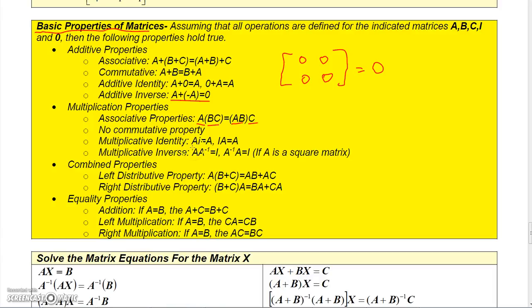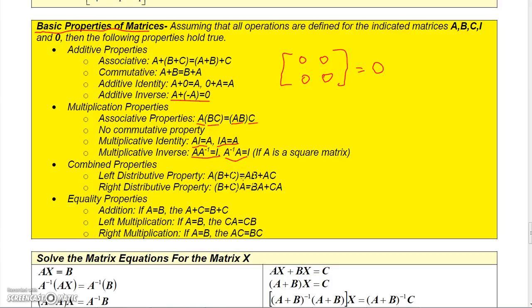But square matrices do have an identity, and we've already talked about what the identity matrices are. And matrices can have an inverse as long as they're square, and you multiply them together and you get a square identity matrix.